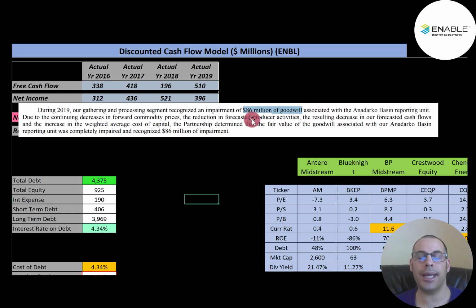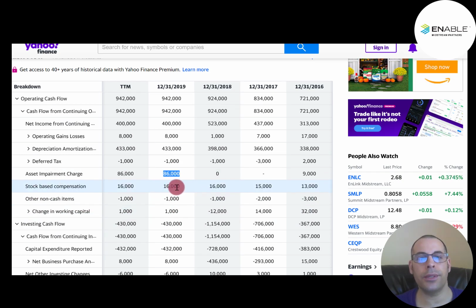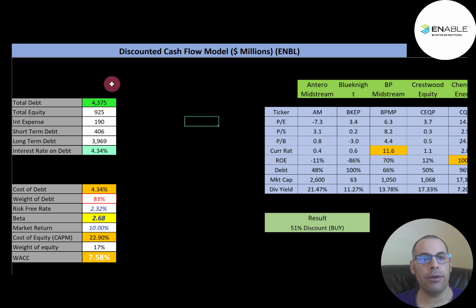So what it does is it takes $86 million off of the goodwill on the balance sheet and passes it onto the income statement as an expense. So on the income statement, you could see the negative $86 million. But if you look on the statement of cash flows, they add back the $86 million because that's a non-cash item. The cash happened years ago when they acquired a company, so anytime they impair the asset, it's a non-cash item.